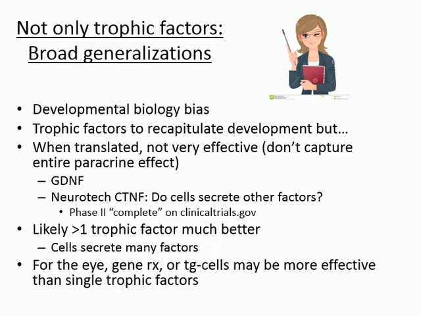The first is, why did we get stuck with paracrine therapies being equal to trophic factors? I think the answer is because early on it was developmental biologists who entered this field, and the paradigm for regeneration became to recapitulate normal developmental processes, and people talked about trophic factors, growth factors.